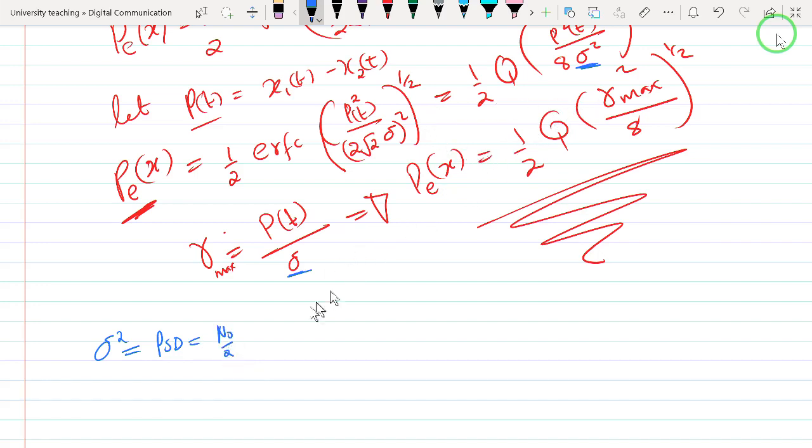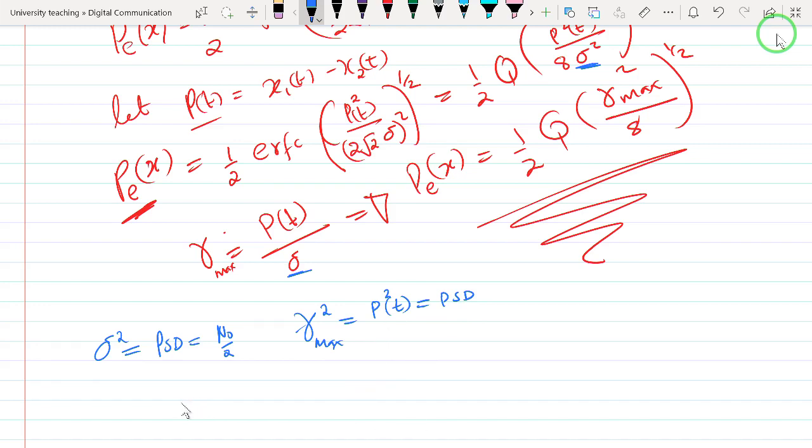In a similar manner, the gamma max squared that we have expressed as the value of p squared of t can be expressed as the power spectral density of the difference between the two signals that we are transmitting. However, for us to find the actual power contained in the difference between these two signals, we need to express this as an integral.